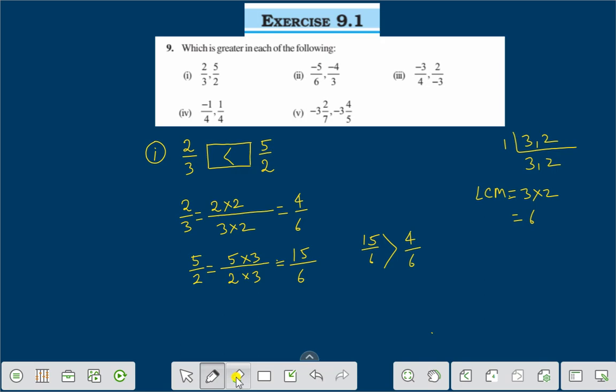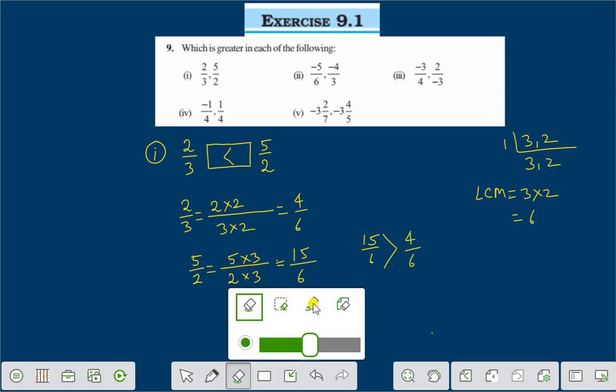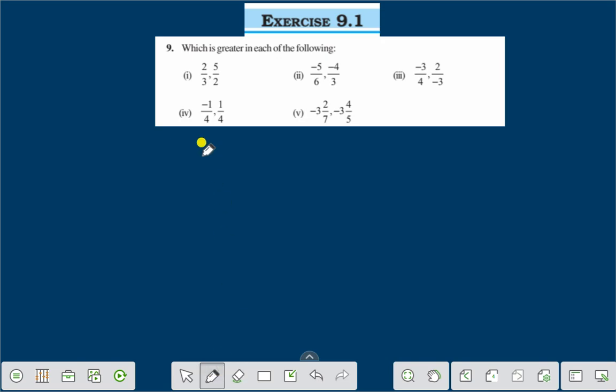Now we solve question number 2. Question number 2 is minus 5 by 6 and minus 4 by 3.